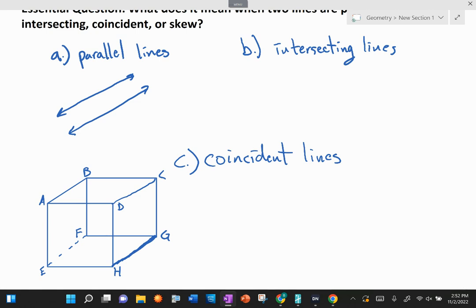Now, what makes them parallel? They don't intersect. Sure. Why don't they intersect? Because they're parallel. You are not wrong, but I'm looking for some more detail. Bram? Because they're at the same angle. Yes, but it's not the word that I'm looking for.